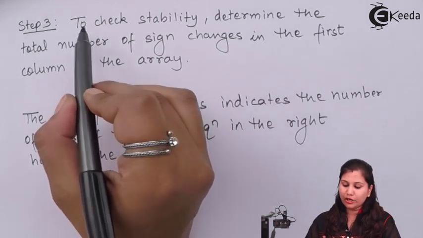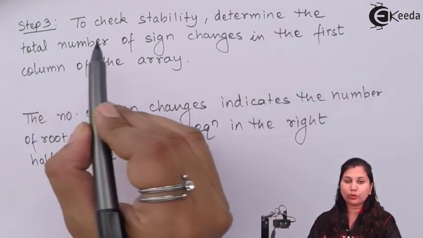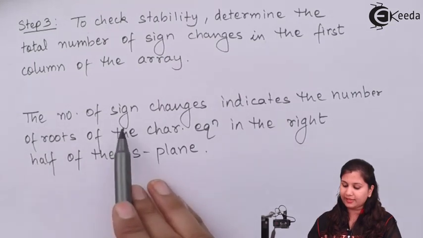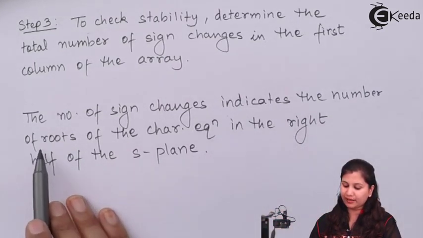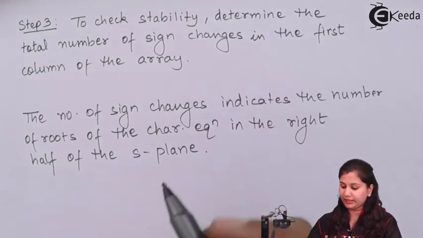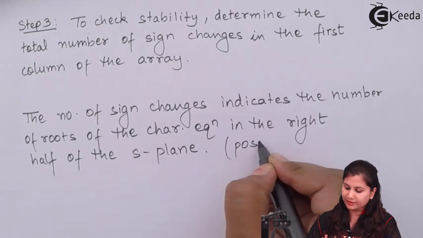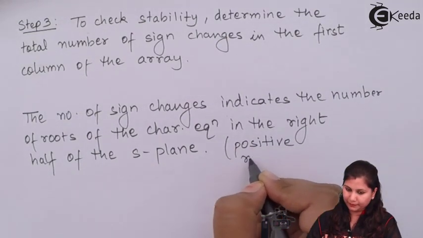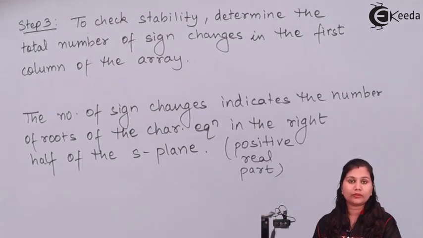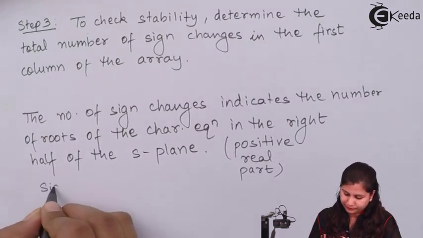So here I have written, to check the stability, determine the total number of sign changes in the first column of the array, and the number of sign changes indicates the number of roots of the characteristic equation in the right half of the S plane, that is, having a positive real part. Okay, so this indicates that if there is a sign change, then the system is unstable. If there is no sign change, then the system is stable.